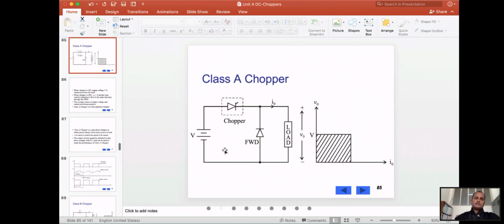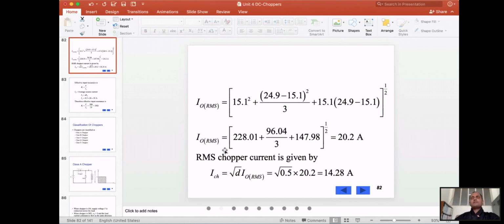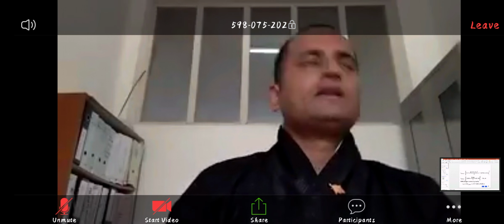We are going quite fast, we are already in the third unit. I think we just have two units left. Let's see how many units there are. So we just have two units. After that, inverters, and the other one is AC to AC converters.